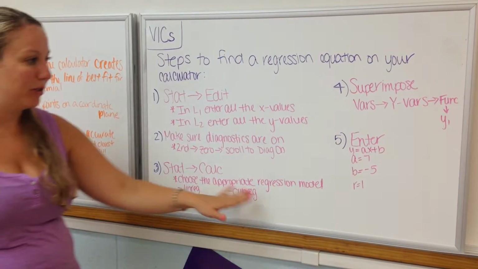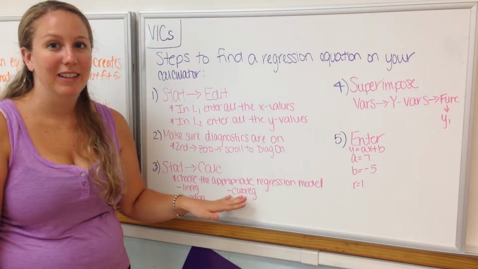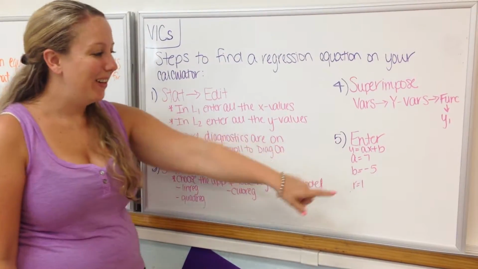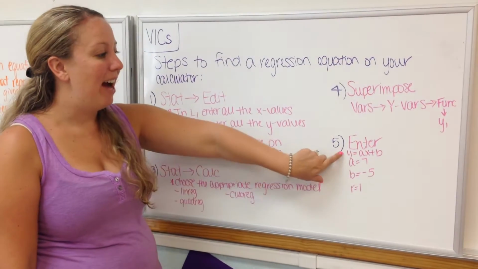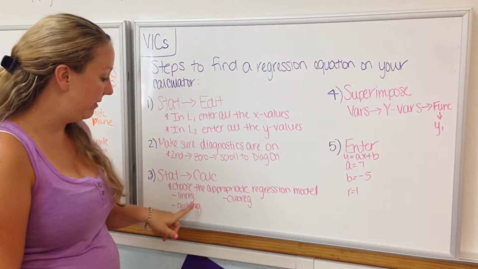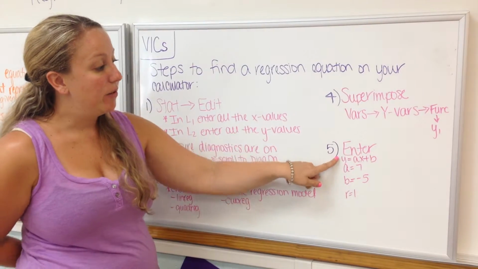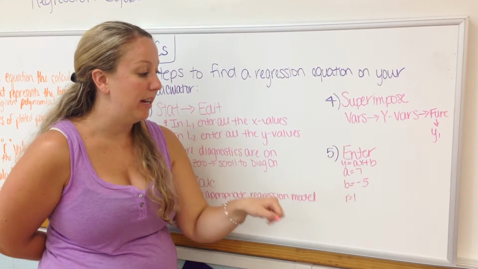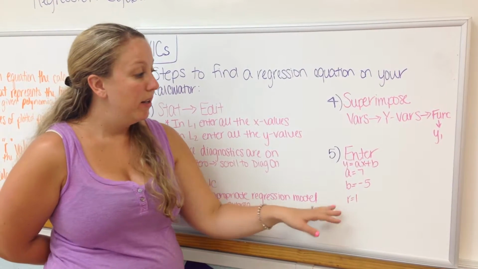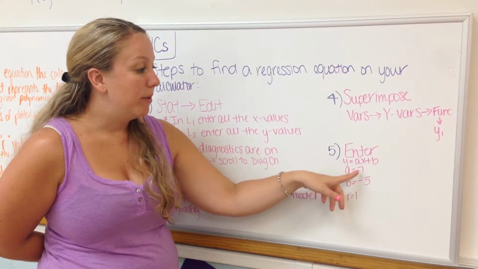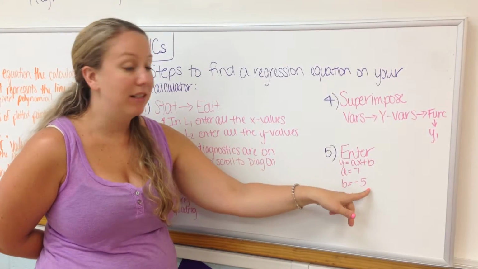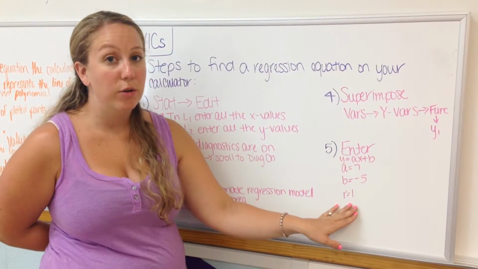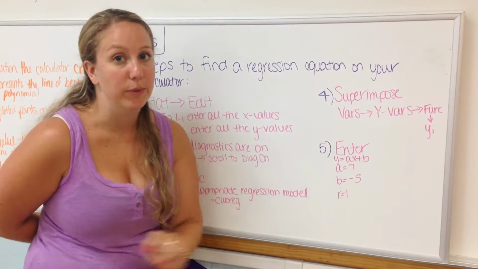Once you pick which one you have, and you hit enter, you're going to have the equation. So right here, this is if you hit linreg, and you have the equation y equals ax plus b, a equals 7, b equals -5, and r equals 1. So your equation would say y equals 7x minus 5, and it has a strong correlation coefficient since r equals 1.